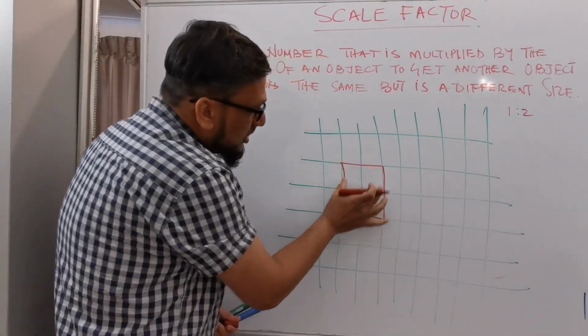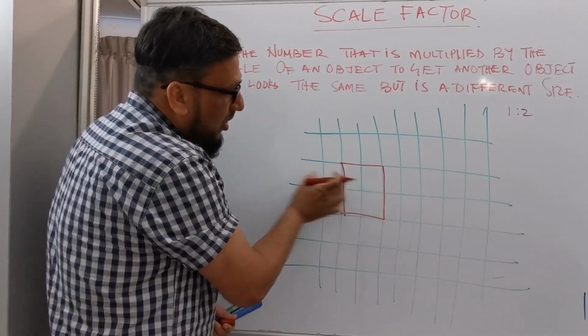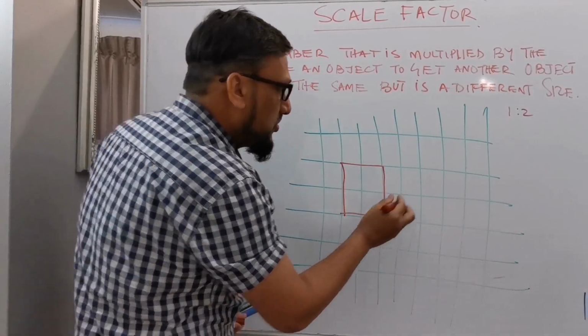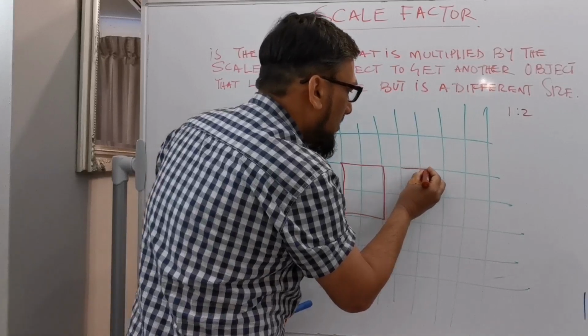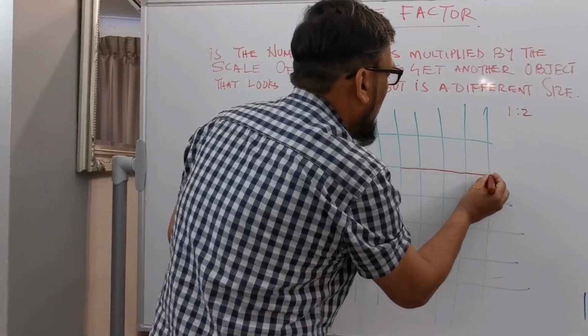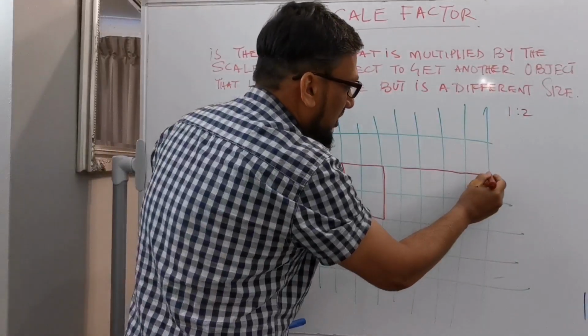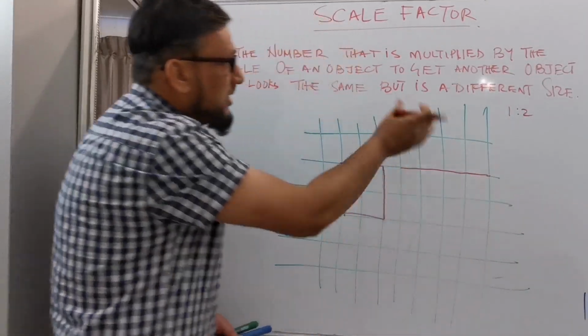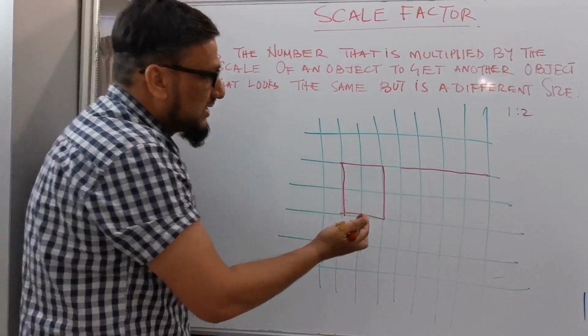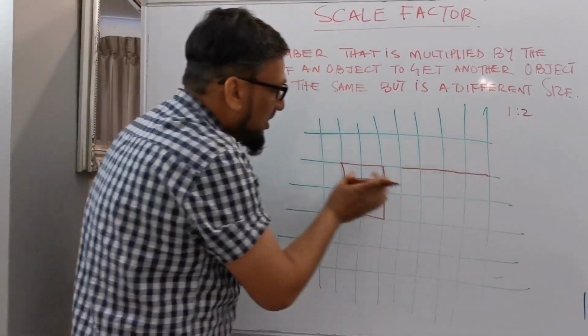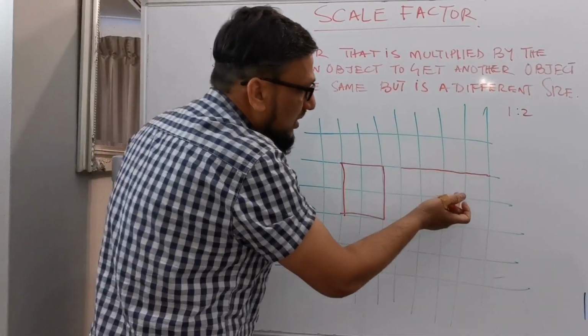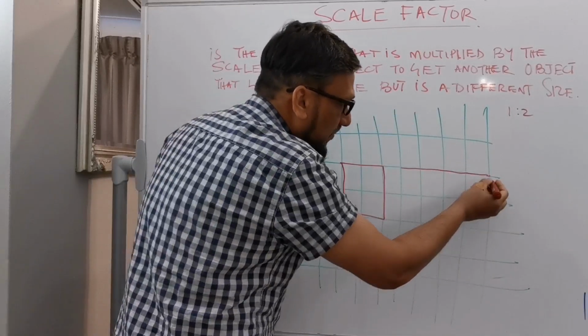There are 2 grids used horizontally, so you use 2 times 2 is 4. When you use a scale factor, the size will be increased by 2. So 2 grids, doubled, is 4.